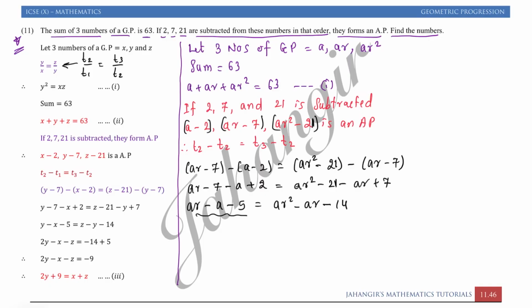The constant term, minus 5 plus 14, is equal to ar square minus ar. Now this ar comes on the other side and becomes minus ar, and minus a comes on the other side and becomes plus a. In short we get ar square minus 2ar plus a is equal to 14 minus 5, which is 9. This is my second equation.